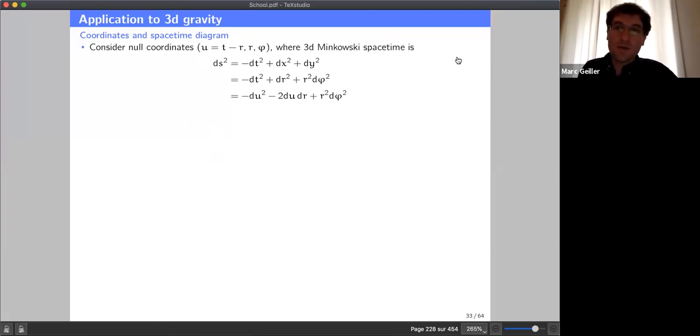And in these coordinates, 3D Minkowski spacetime is just the familiar rewriting of this line element. The first one is in Cartesian coordinates. Then we have polar coordinates. And then we have the null coordinates, which later on we will call a version of this Bondi gauge or Bondi coordinates.